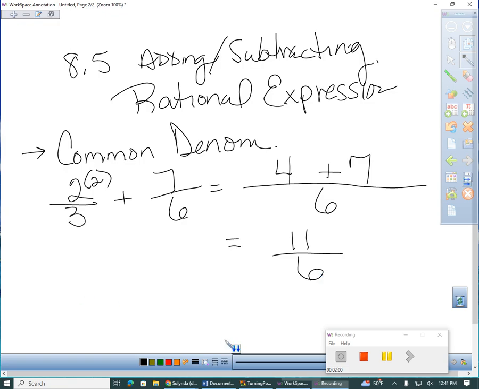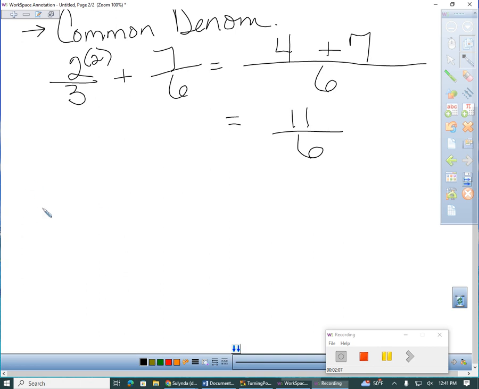Let's try another one real quick. Let's say I have 9 over 4 minus 5 over, what can I do?